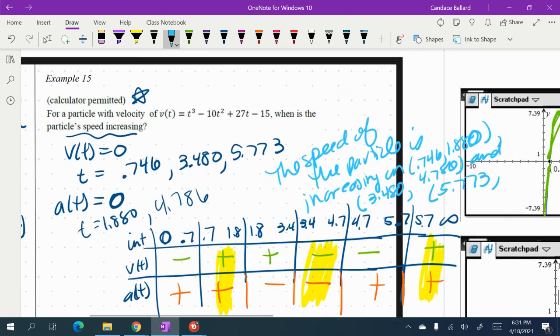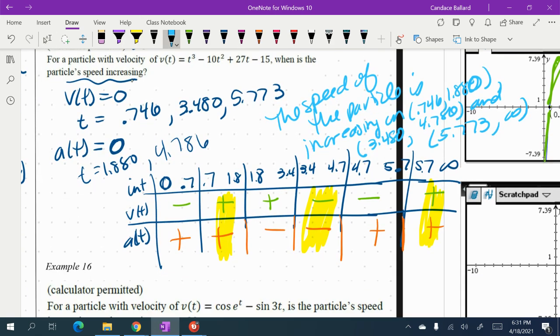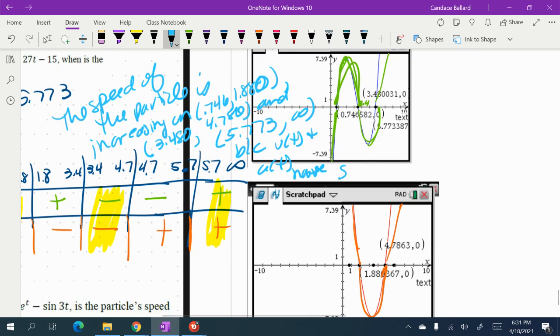They didn't give us an interval, did they? Nope. So to infinity. And you have to tell them why: because velocity and acceleration have the same sign on these intervals.